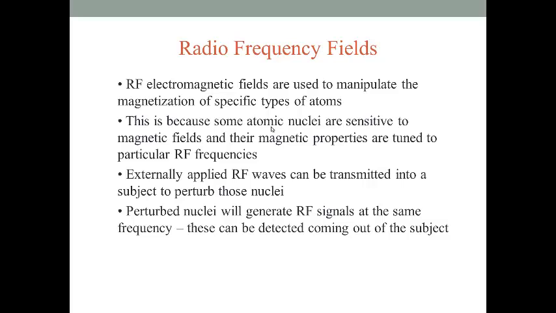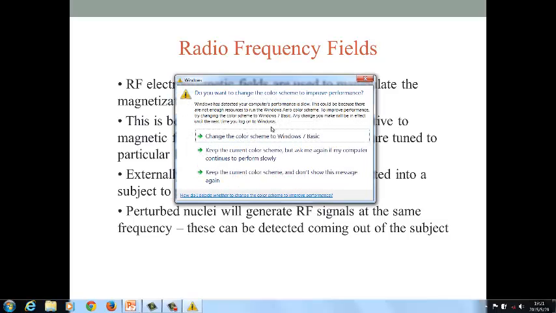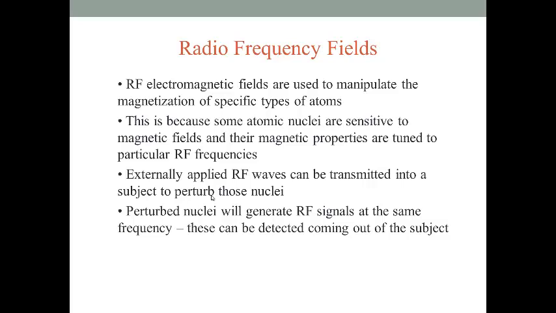So if external RF waves are transmitted to the subject to perturb this nucleus, this perturbed nucleus will generate RF signals at the same frequency. So this frequency can be detected coming out of the subject. Then we can use them to construct the image.